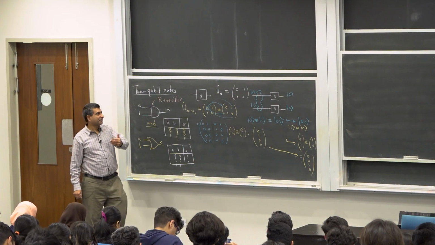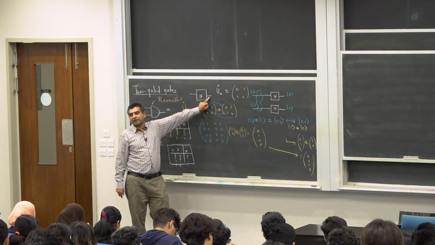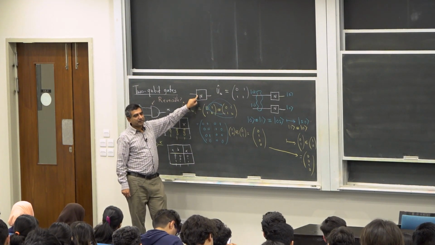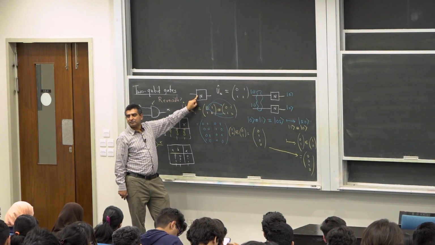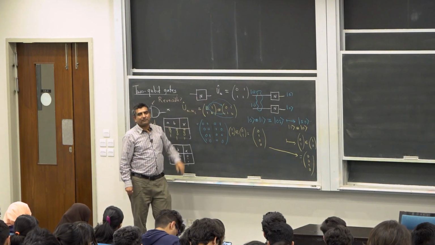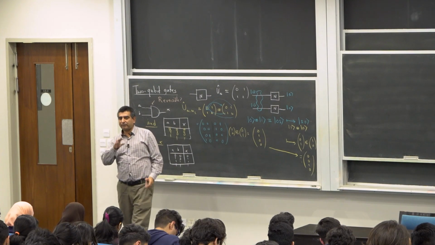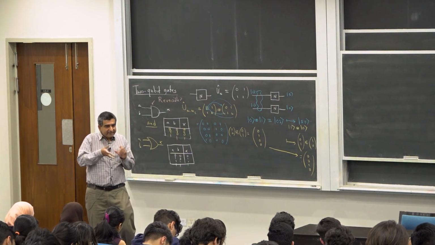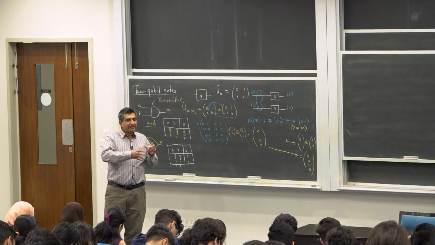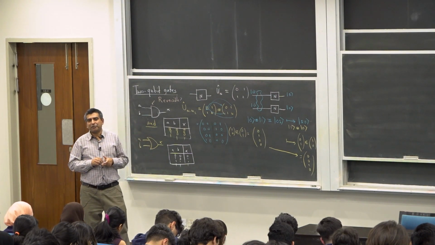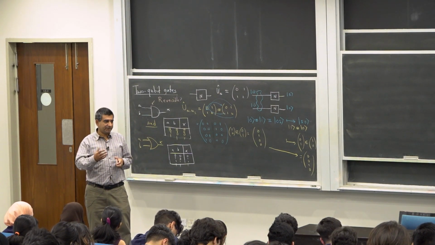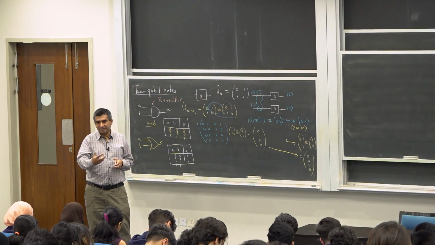Quantum gates are reversible. If you knew the output here, you would be able to tell what the input is. Right? So that's one of the powers of quantum physics, that the gates that you make are reversible. And reversible operations do not dissipate energy. They do not create heat.